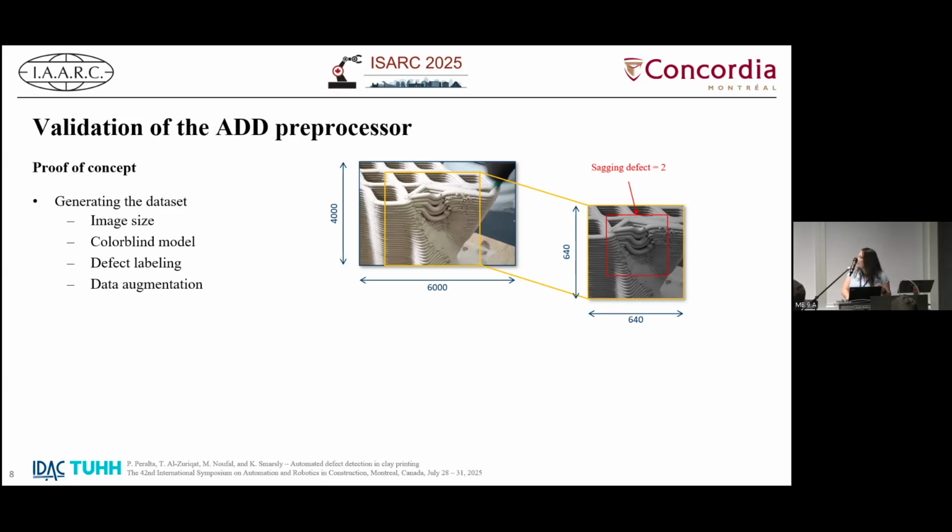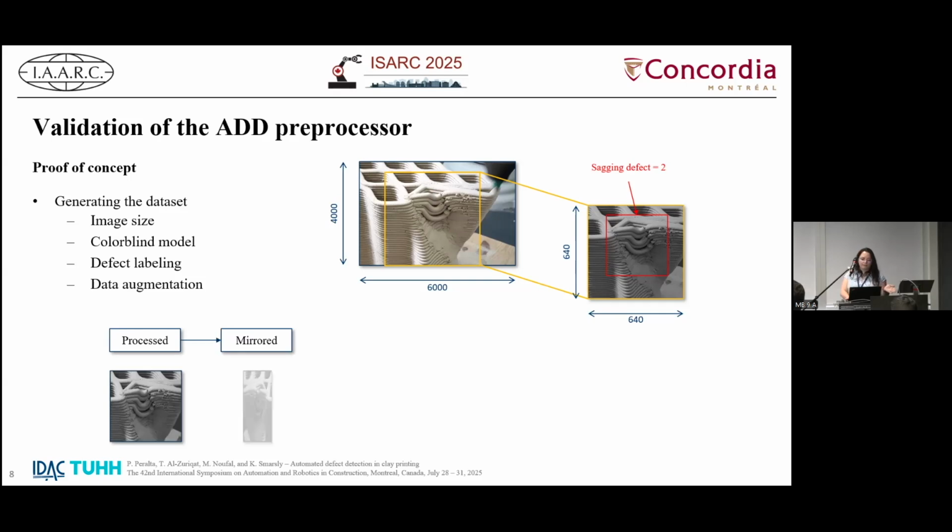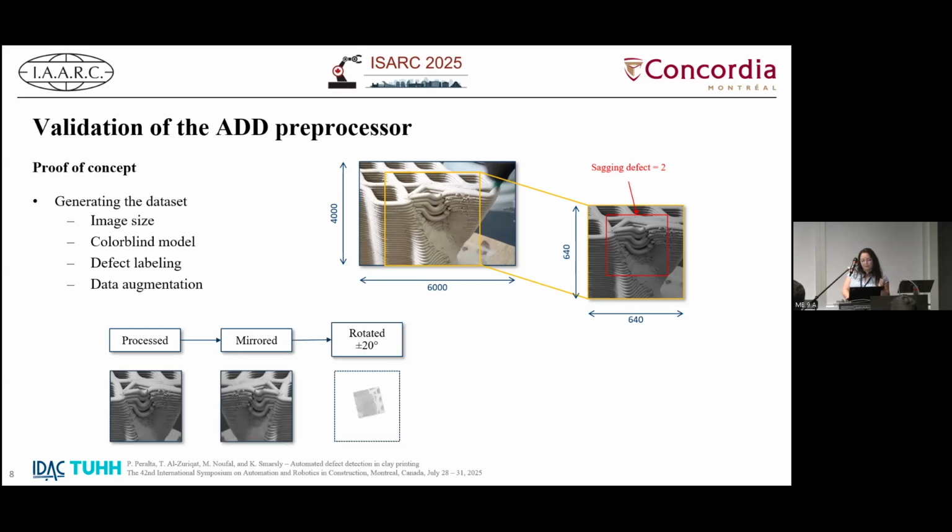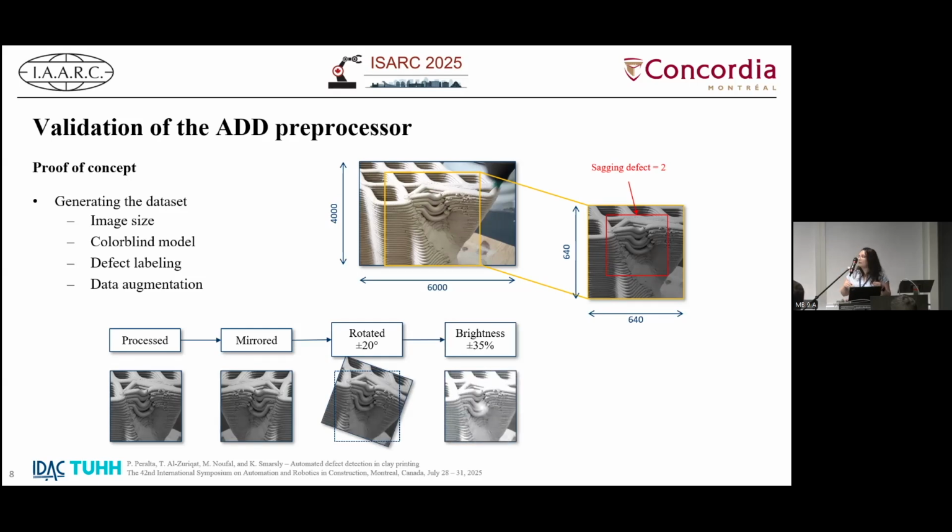And then we perform the data augmentation. First we mirror the image, then we rotate it plus or minus 20 degrees. We adjusted the brightness besides adding noise to it, so we can consider different lighting conditions. At the end, from 16 images, we generated 64 images, with positive instances and negative instances, providing a more robust data set.